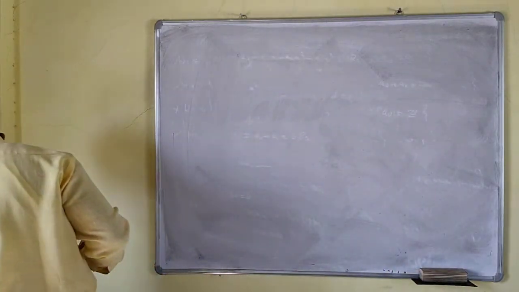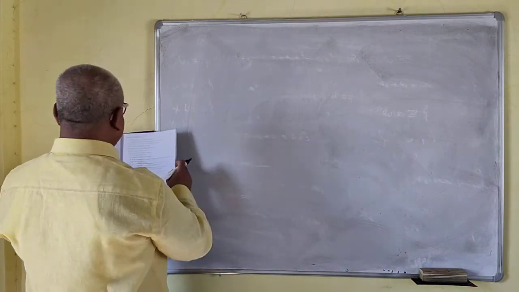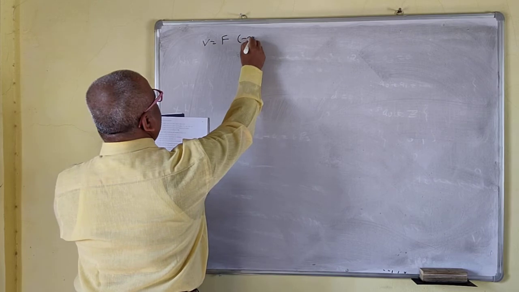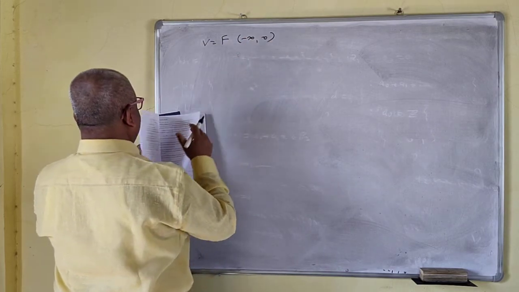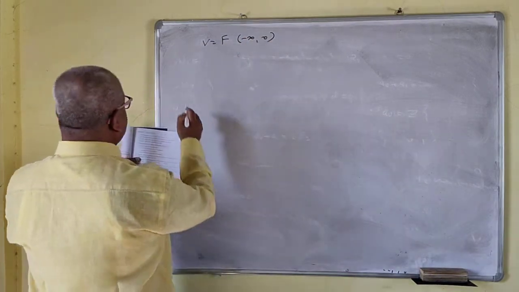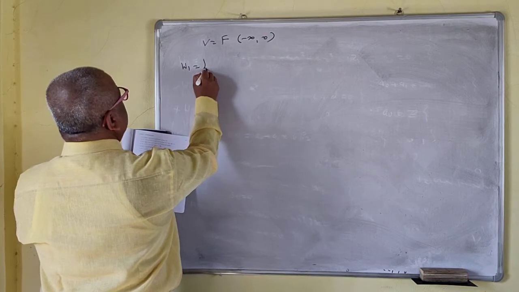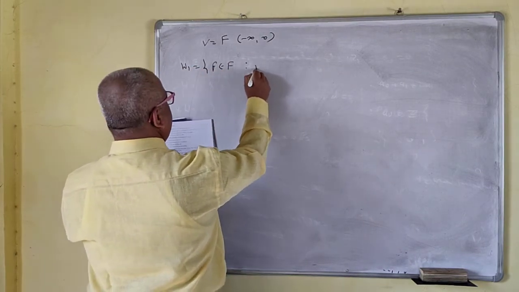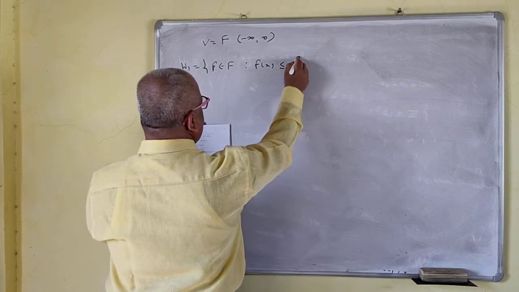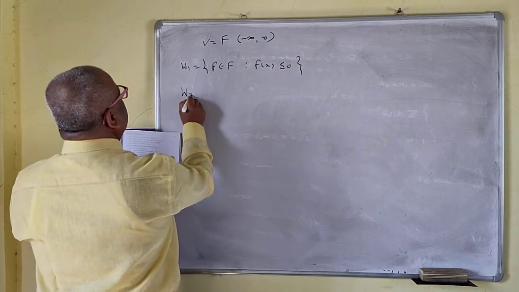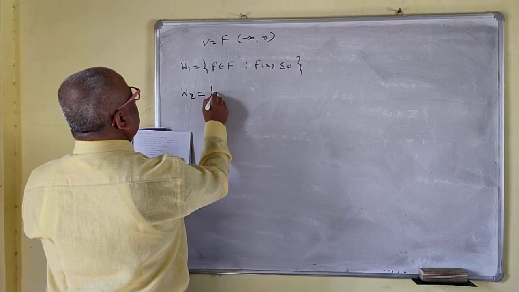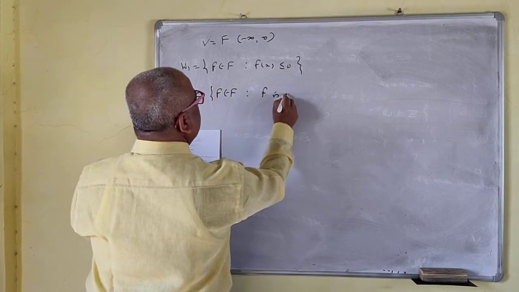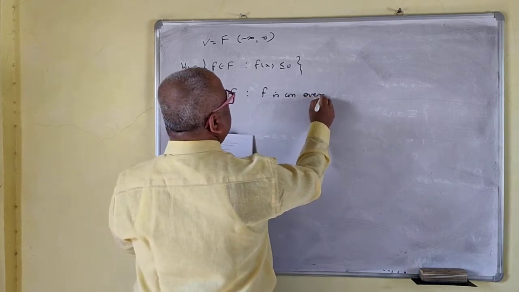Okay, so we'll take the last problem on this. Your V is the set of all functions from real numbers to real numbers, whose domain is the real numbers. W1 is equal to f belonging to F such that f of x is less than or equal to 0. W2 is f belonging to F such that f is an even function.